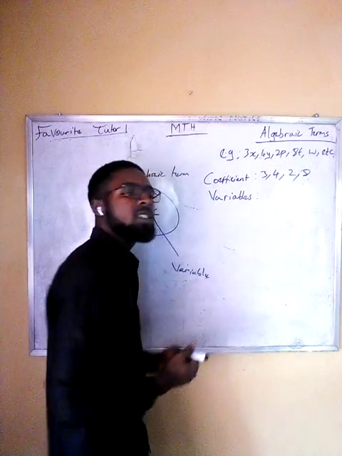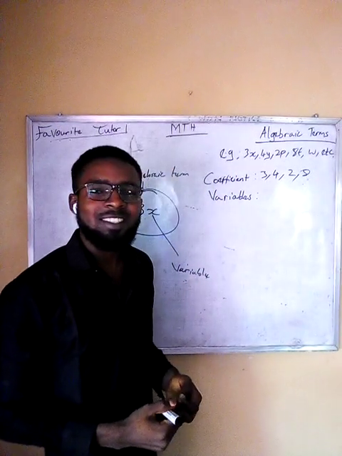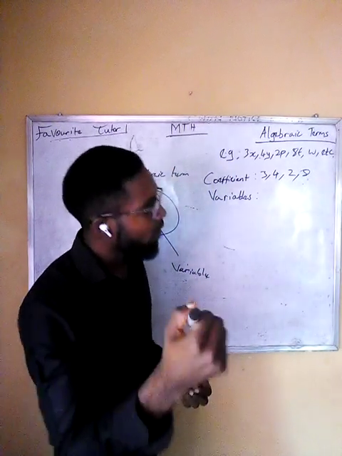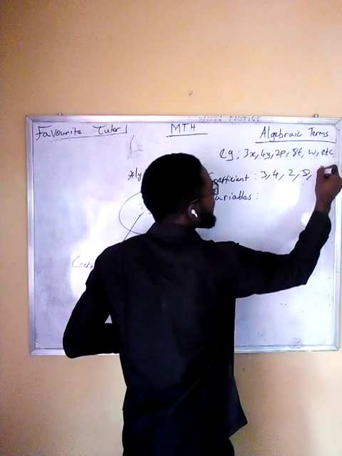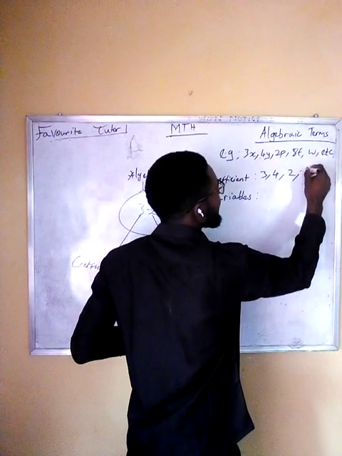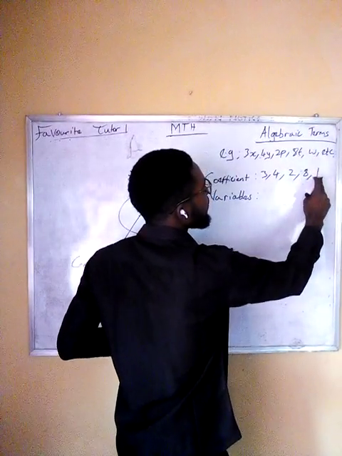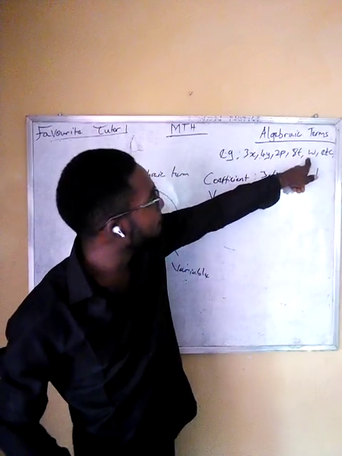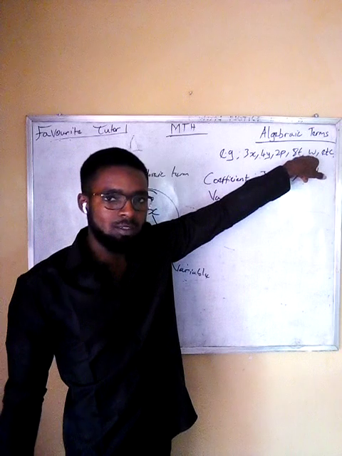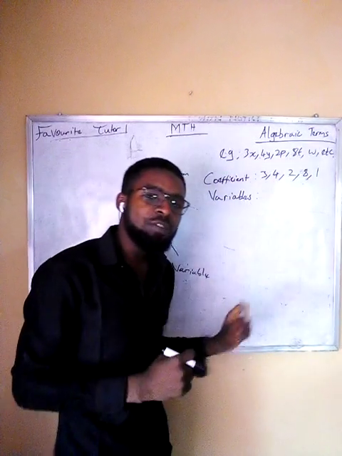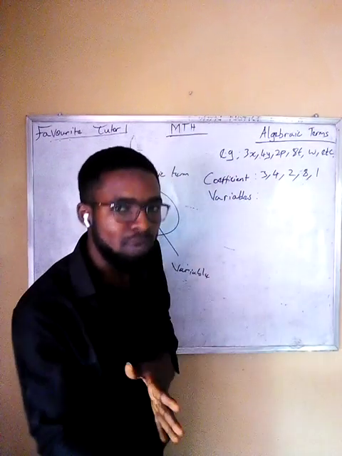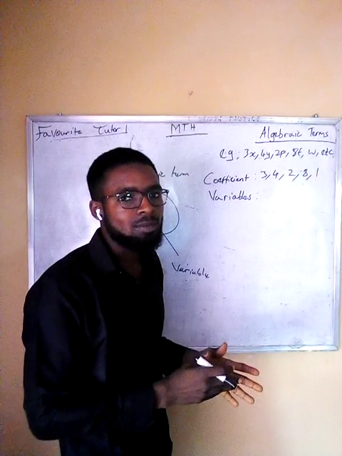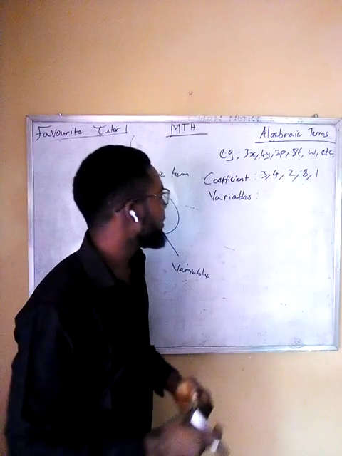w, what is the coefficient? 1. The coefficient here is 1, because there is an invisible 1 multiplying the letter. Like I said, the coefficient is the number multiplying the letter, while the letter is the variable.